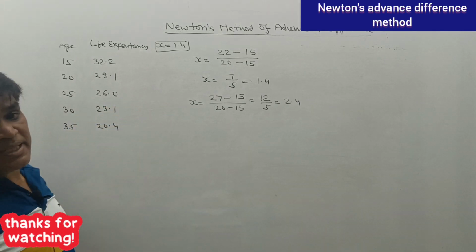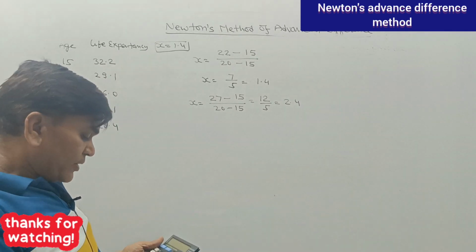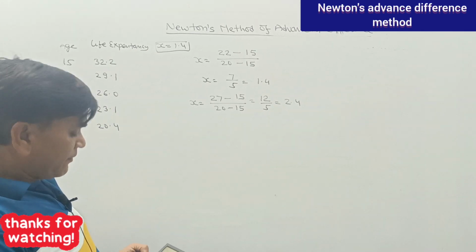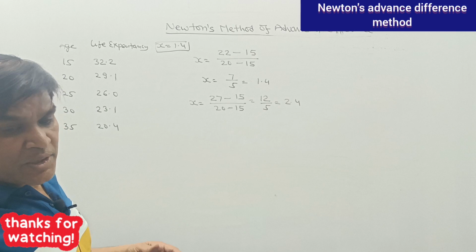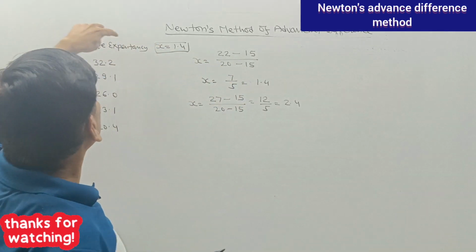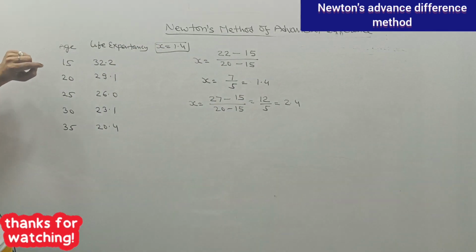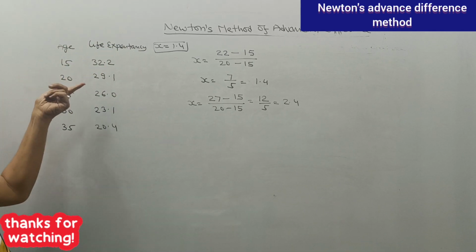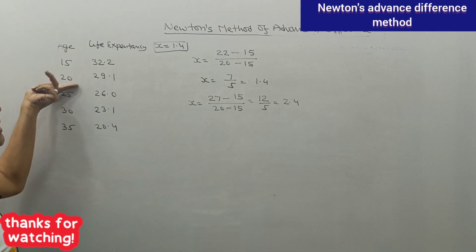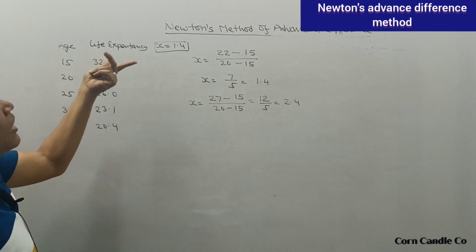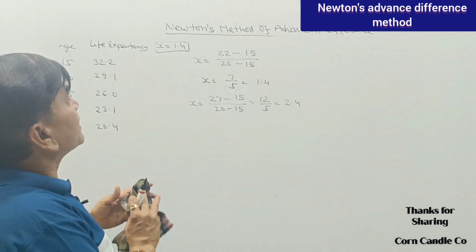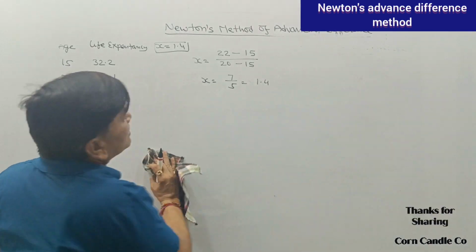If 27 is asked, then we have 27 minus 15 divided by 5, that is 2.4. So the x value depends on the age they ask. In this question they are asking for the life expectancy when a person is 22 years old, how long he may be alive now. So the very first we get 1.4.